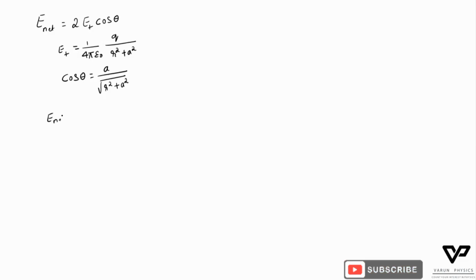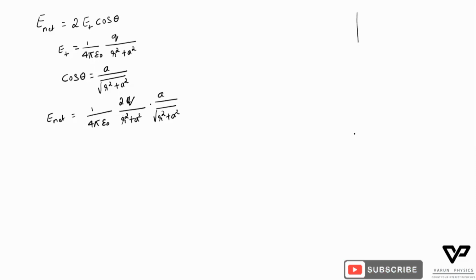Therefore, E net is equal to 1 by 4 pi epsilon naught 2 times Q divided by R square plus A square into A divided by under root of R square plus A square.